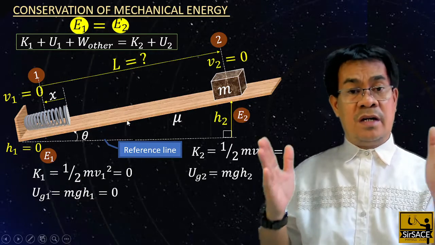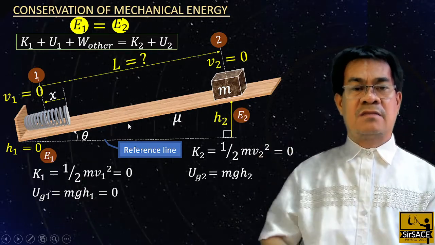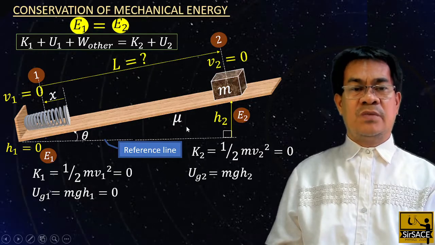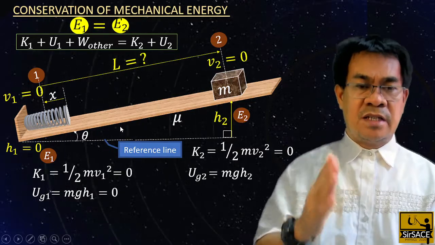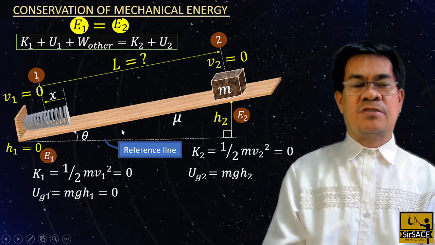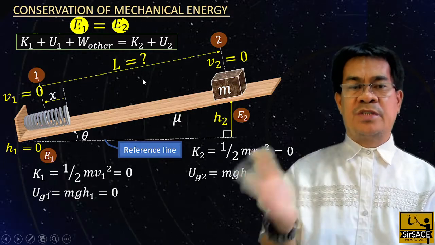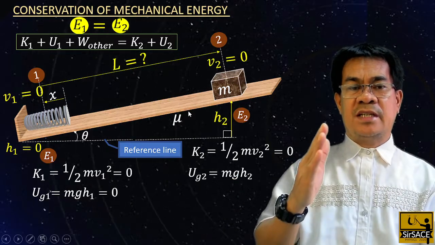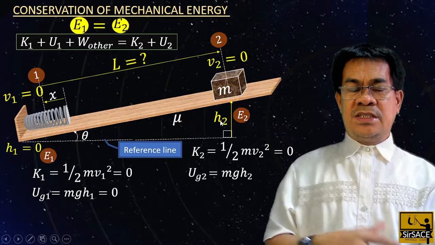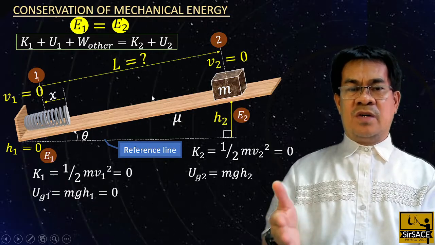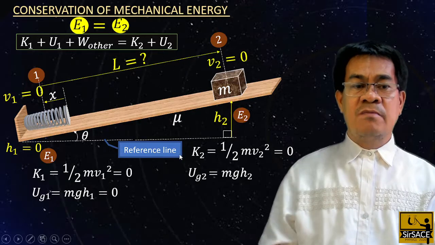And remember, we are to find the length, which means that we can apply the trigonometric function, the sine function, which is opposite over the hypotenuse, which means that h2 is just equal to what? It's just equal to L sine of theta.